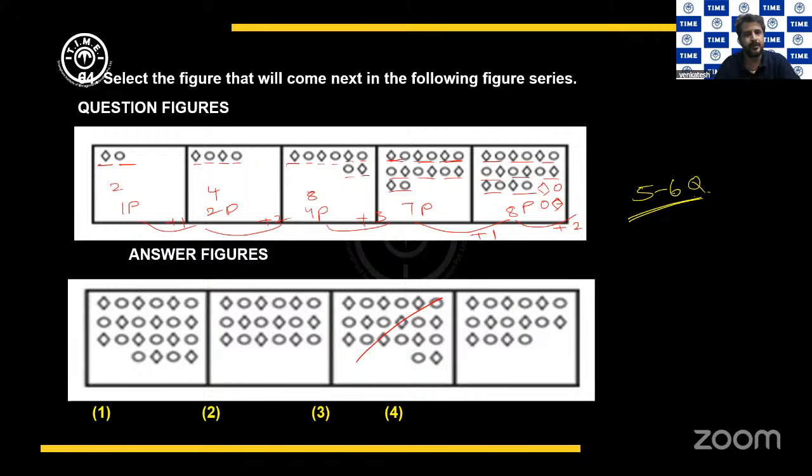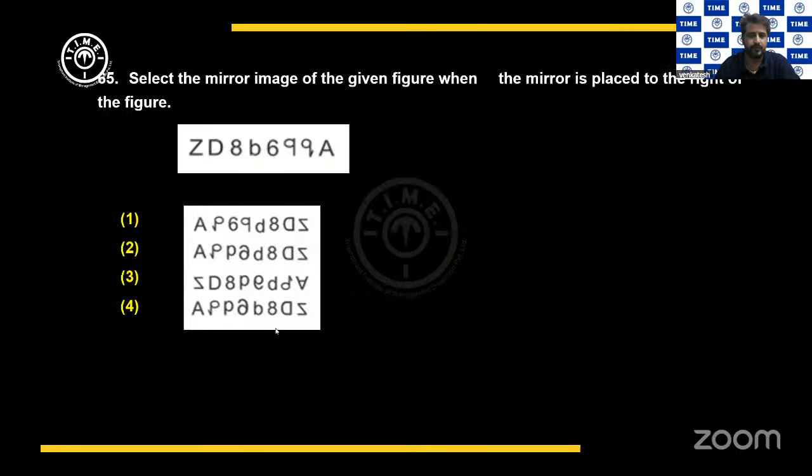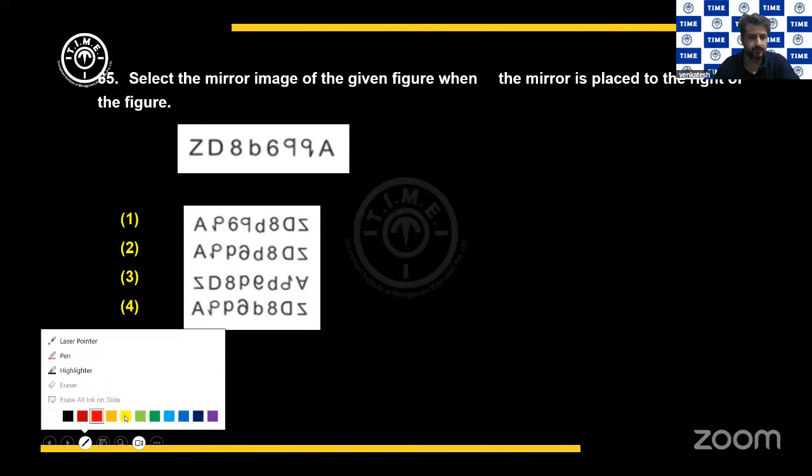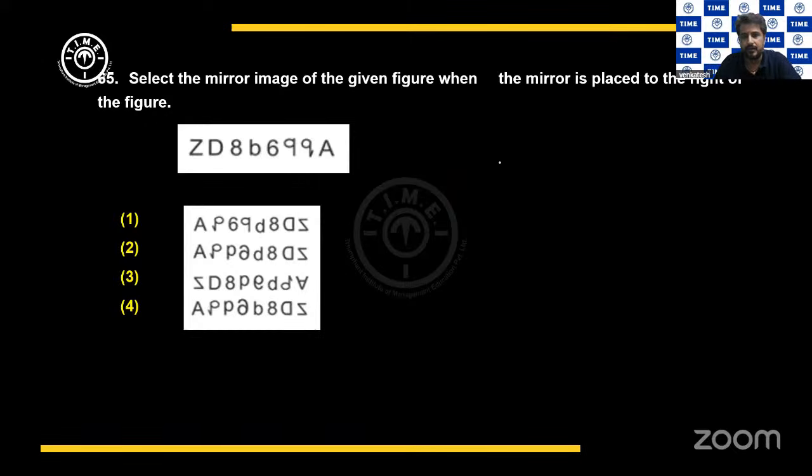Right. Mirror image. Now, you might be knowing about how to draw the mirror image and water image. In a mirror image, left side elements will shift to the right side, and right side elements will shift to the left side, whereas top and bottom remain the same, no change in that.